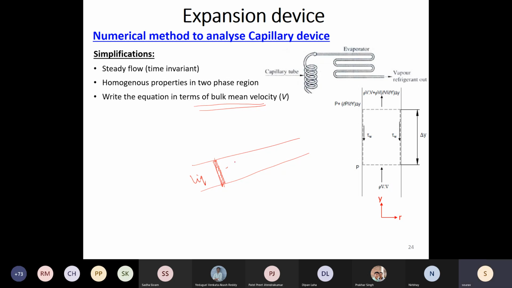So I want to create a 1D set of equations, the only variable being x. So in the x direction, along the length of the capillary tube, I want to see how the pressure varies, how the quality of the refrigerant varies, what is the mass flow rate.